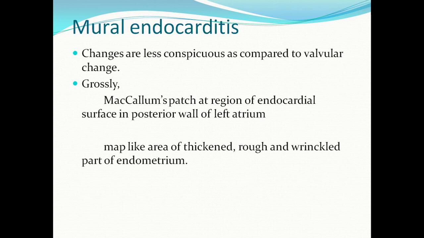You can see patch-like lesions of the endocardial surface in the posterior wall of the left atrium. In the left atrium, you can see a map-like area, rough area, thickened area, and patch-like area in the posterior region.